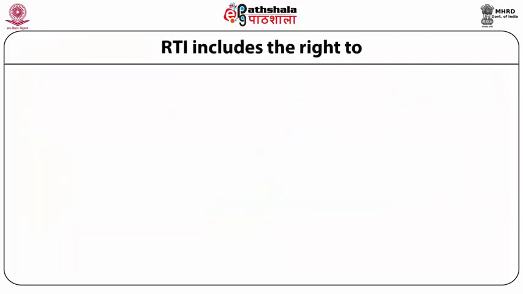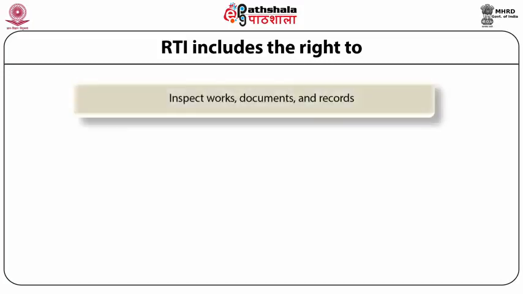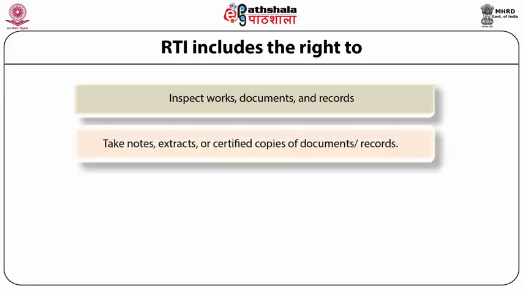Dear students, let us now discuss what are the rights which are offered under the right to information, because if we are aware of our right, then we can ask for it. RTI includes the right to inspect works, inspect documents and inspect records. Under RTI, it is allowed to take notes, extracts or certified copies of documents and records.